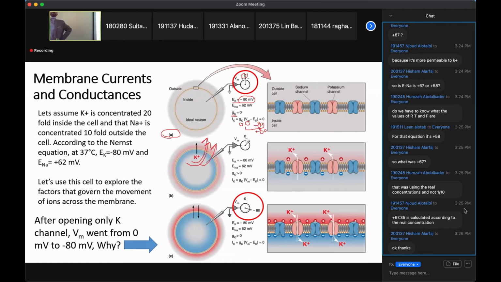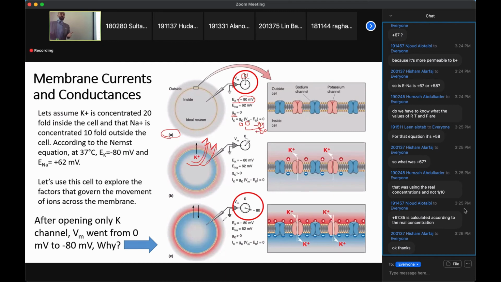Anyone, why is potassium going to move out? But why not in? Because of the concentrations. Very good. The reason why potassium wants to move out is because it is moving in the direction that will take the membrane potential to its equilibrium potential. So the equilibrium potential for potassium is what?